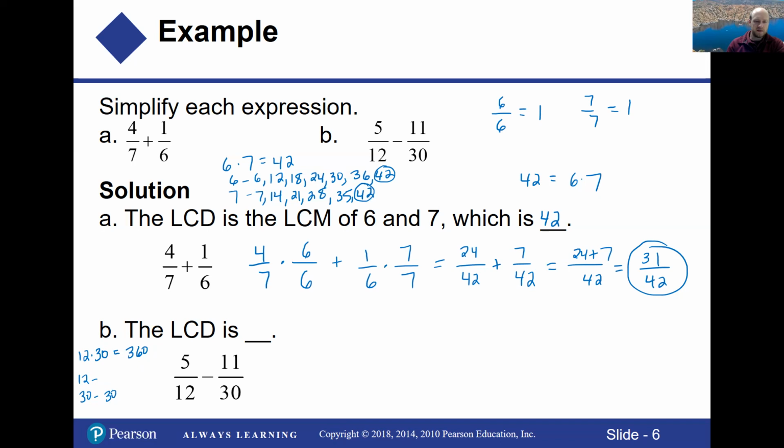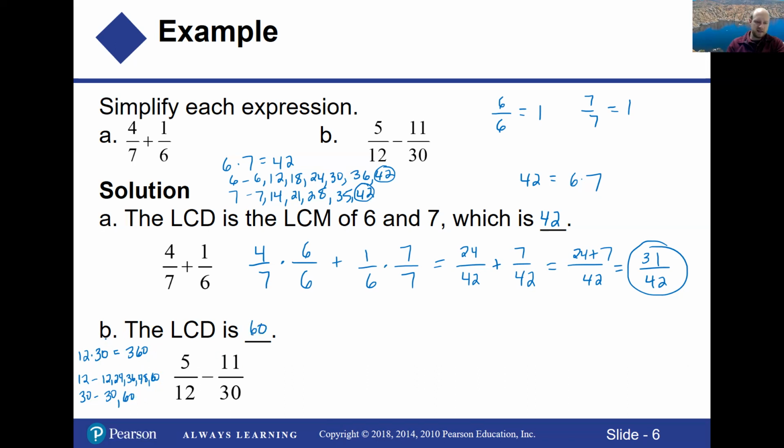So 12 doesn't go into 30. But if I list another multiple of 30, I get 60. Does 12 go into 60? Well, yes, it does. So I can actually stop right there. And if you want to, you can verify this with your multiples of 12. That yes, eventually you are going to get to 60. So your least common denominator is 60.